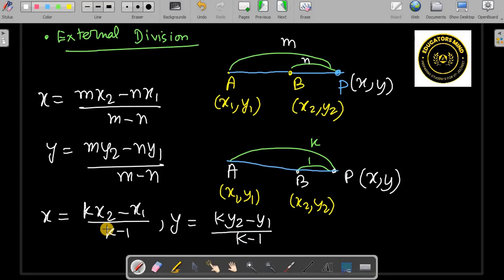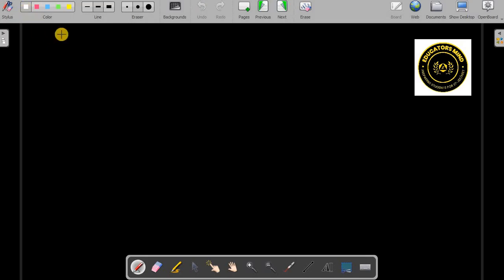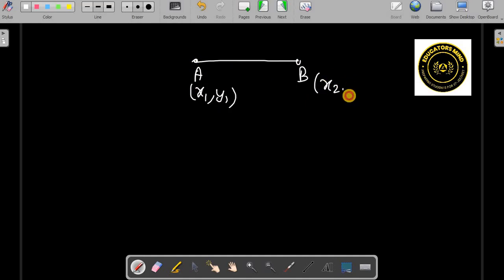Similarly, the midpoint coordinate and the coordinate of the center of a triangle, the centroid. Let's see that. Suppose you have been given a line AB with x1, y1 and x2, y2, and you want to find the coordinate of the midpoint P. This is just the average.